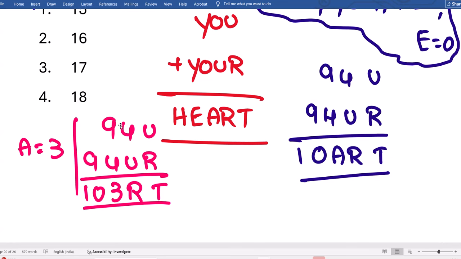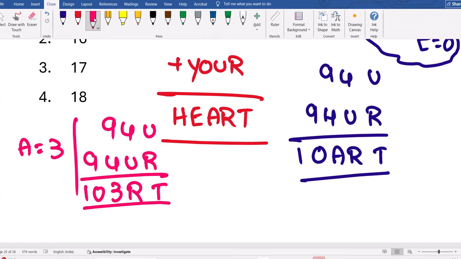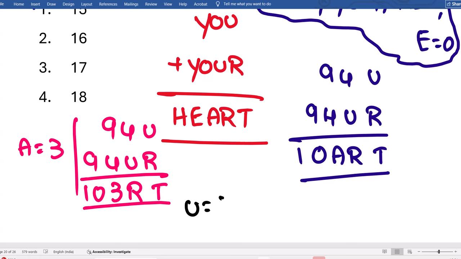It's your choice. A value cannot be 4 because already 4 is assigned. 9 plus 4, 13. That's why directly kept. U value 2, okay, R 6, T 8. So U 2, R 6, then automatically T will be 8 only.